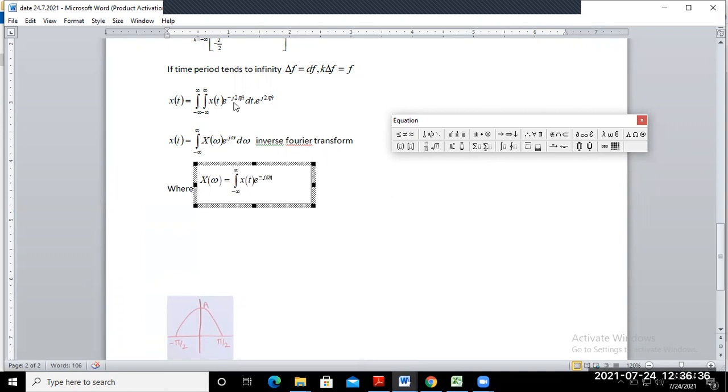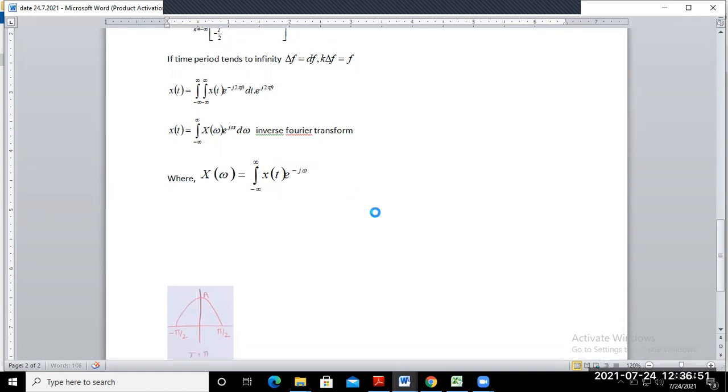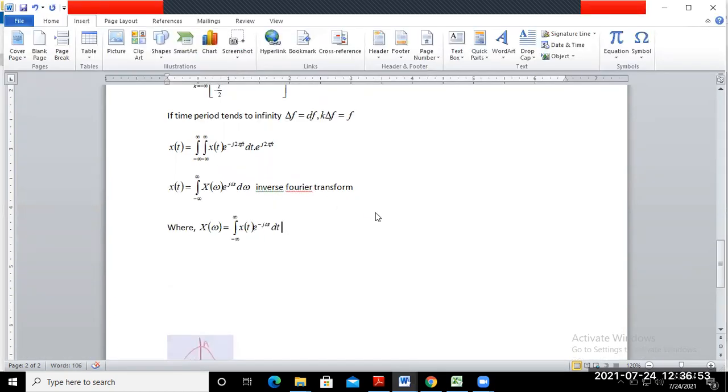Since we can write 2πf equal to omega, into d omega dt. So this is known as the Fourier transform of any signal x(t), which we can find from this formula. It is represented in the frequency domain as X(omega) equals the integration from minus infinity to infinity of x(t) e^(-j omega t) dt.